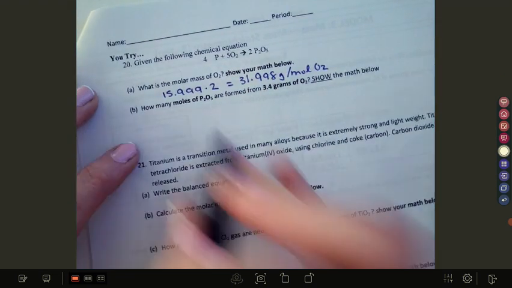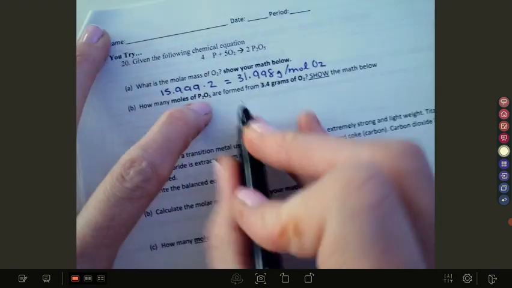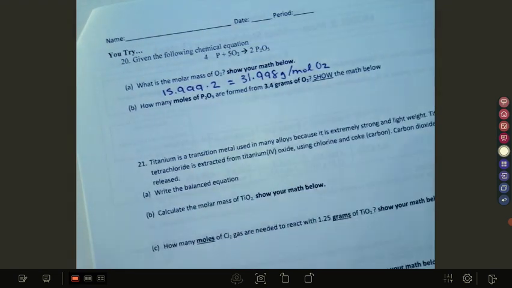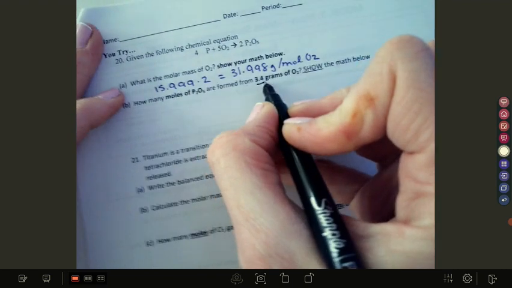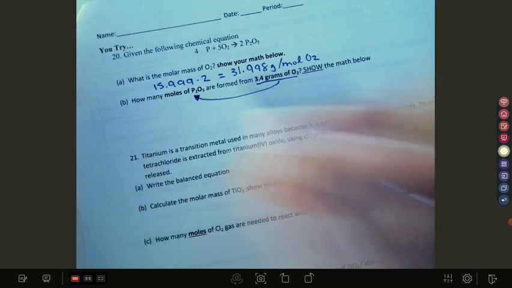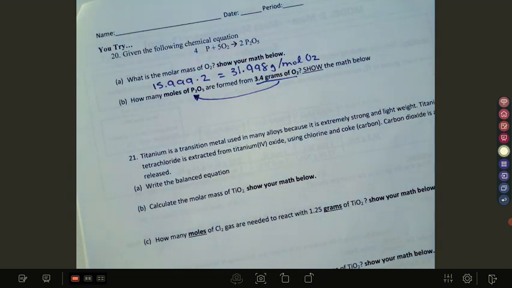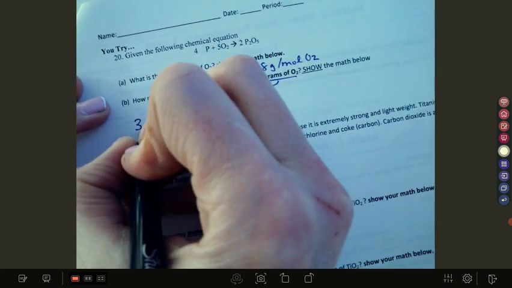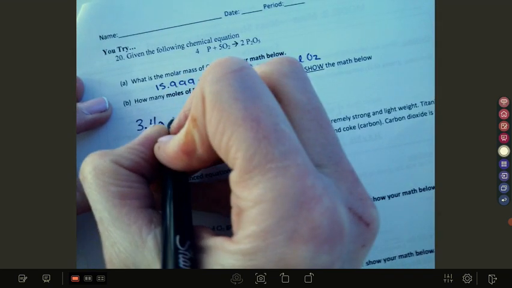All right, how many moles of diphosphorus pentoxide are formed from 3.4 grams of O2? So we are starting with this and going to this. So we're just adding one step each time, each model. But this time we're just literally just flipping it around. So we're doing the same number of steps this time, but the new step is, flip it. Okay, so we're going to start with grams. So we're going to start with 3.4 grams of O2.